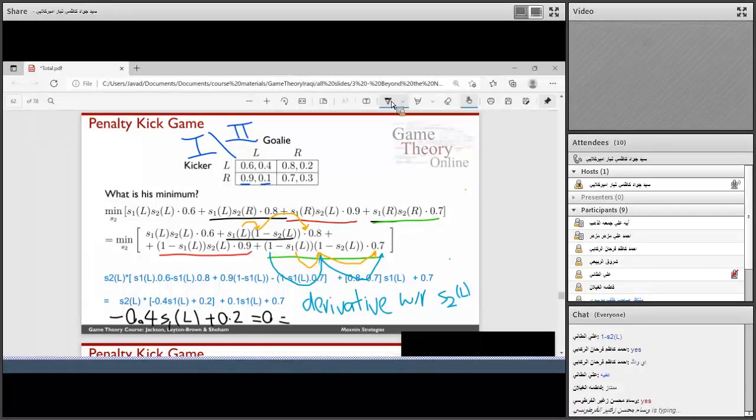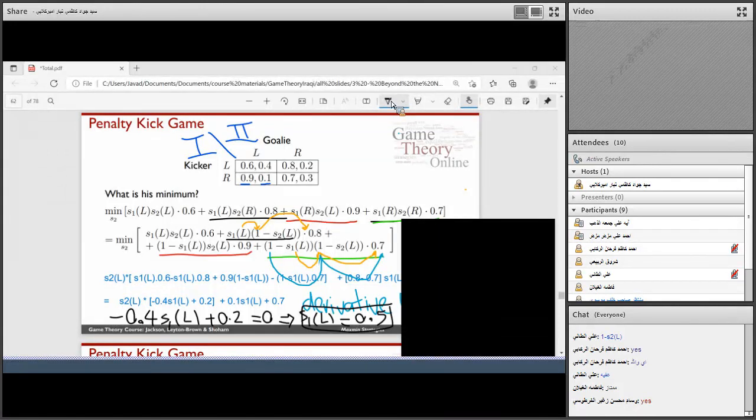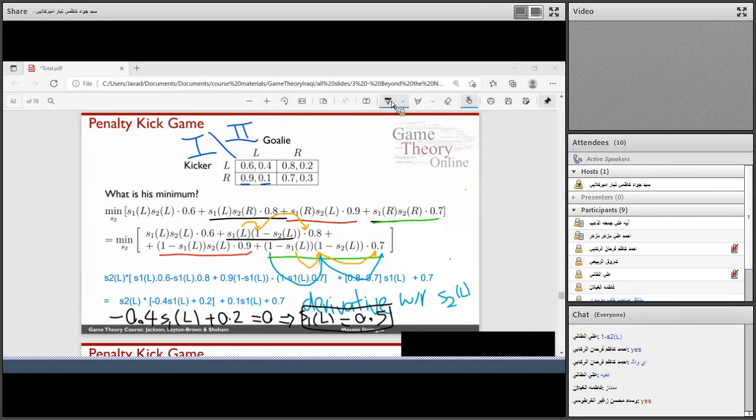So what would that give us as the optimal S1 of L? It's half. That's right. So the best strategy for the kicker is to shoot the right side 50% of the time, and shoot the left 50% of the time. All right?